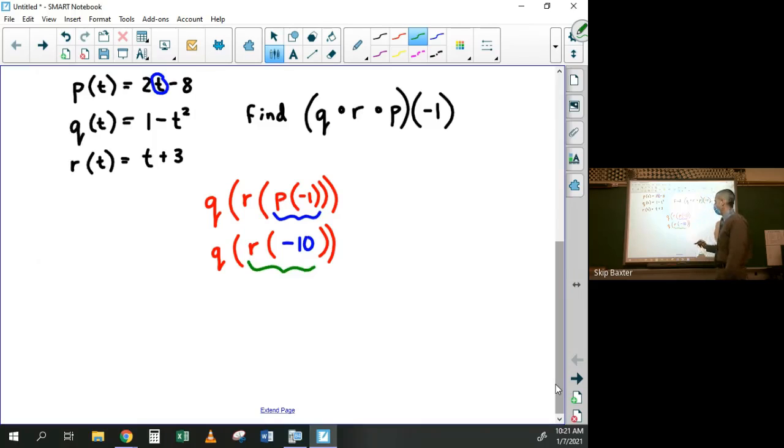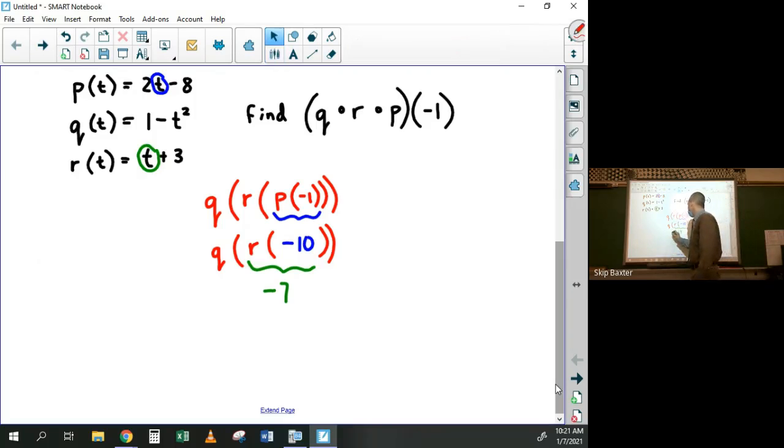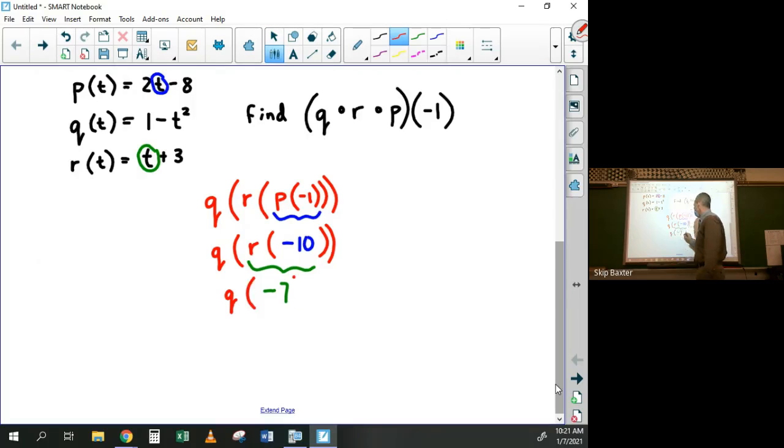So r of -10. What is that? -7, right, because that's what you get when you substitute -10 in for t. So now you evaluate q of -7. You plug it into this function, so it's 1 minus -7 squared. So 1 minus 49 is -48. And that's the final answer, -48.